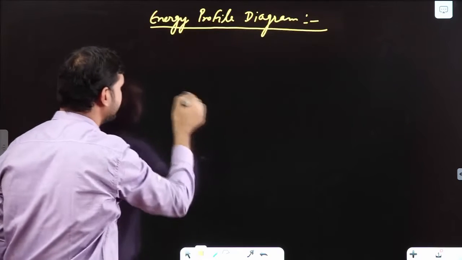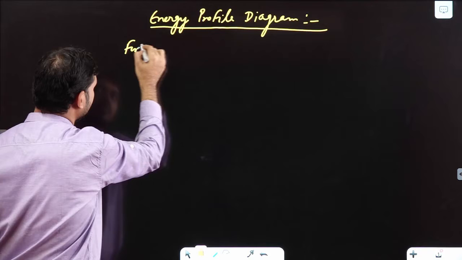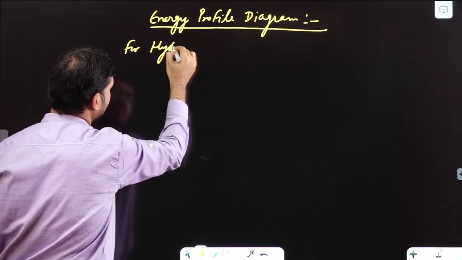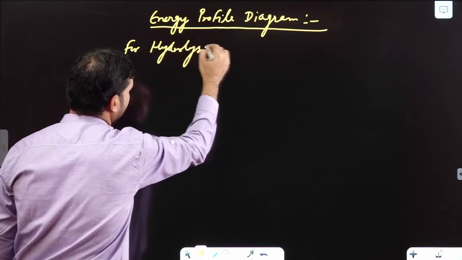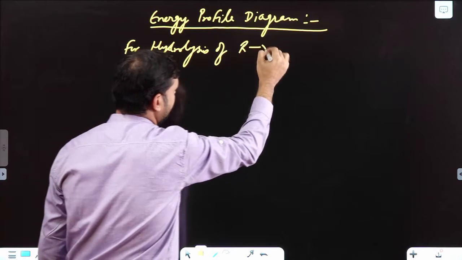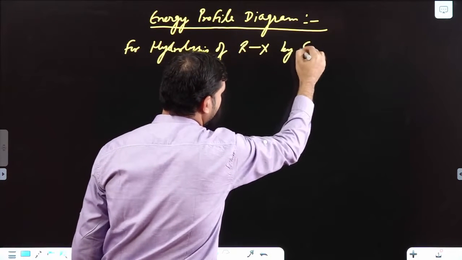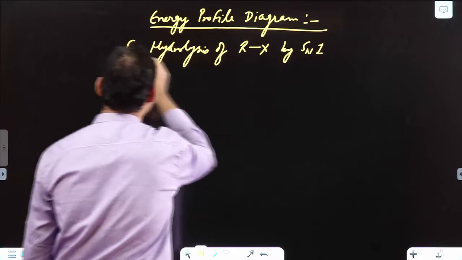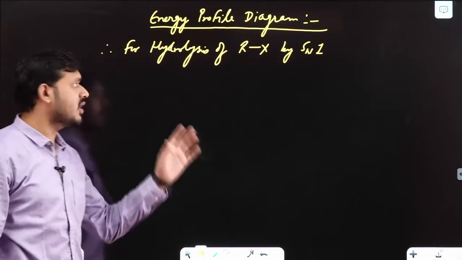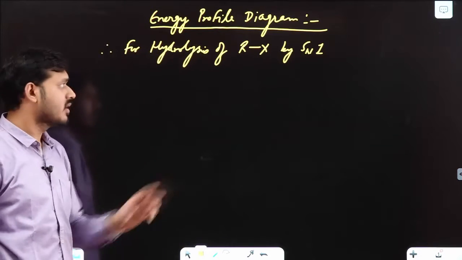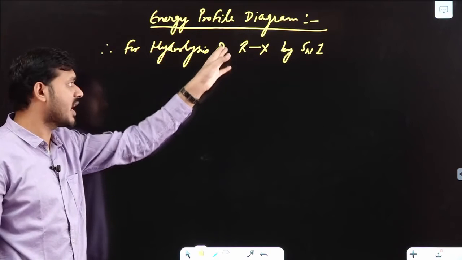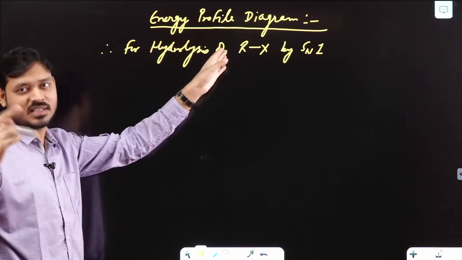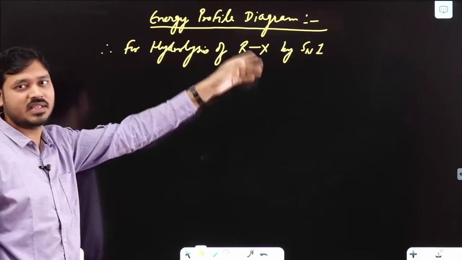Energy profile diagram. Now understand, when I say hydrolysis of RX by SN1, it means this X will be a good leaving group and the R+ cation generated will be a highly stable carbocation, then only it will favor the SN1 reaction.